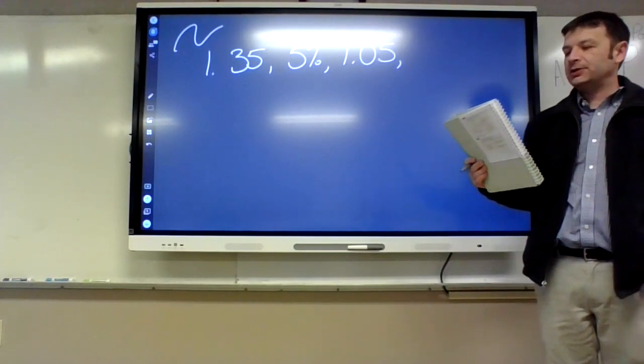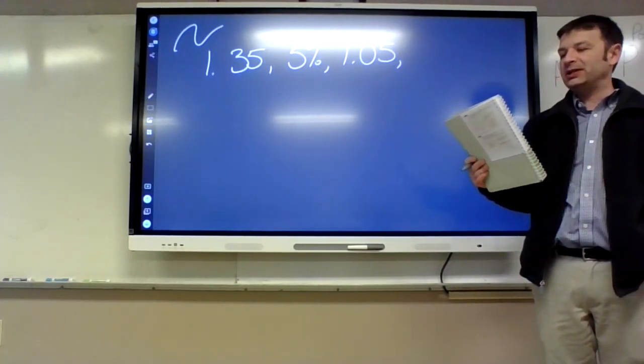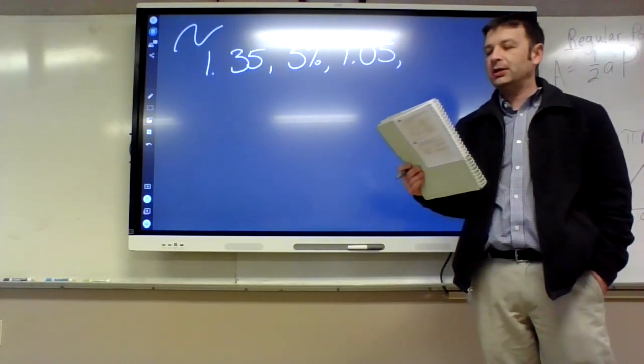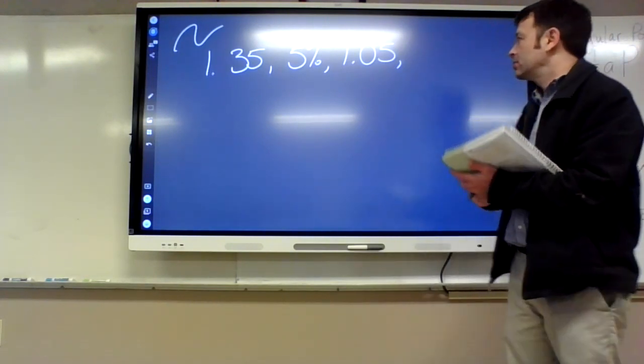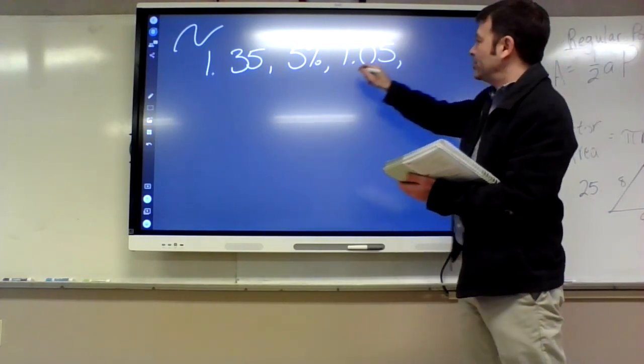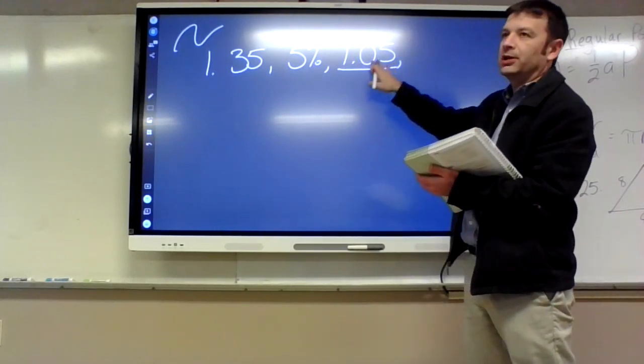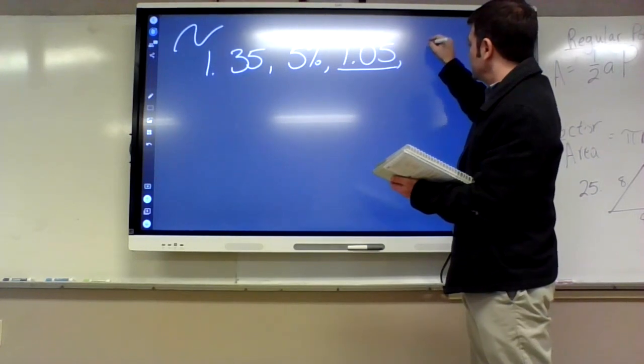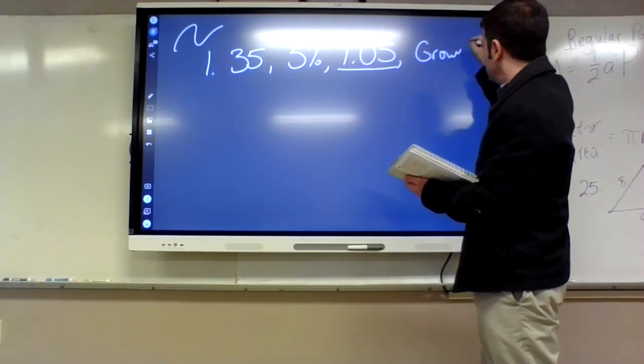And then the last question is, is number one an example of growth or decay? Growth, because it's going up by 5%, or the growth factor is bigger than 1. That's another way to think about it. So just put growth.